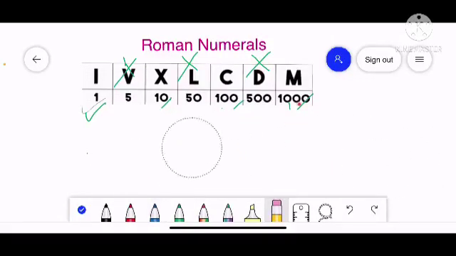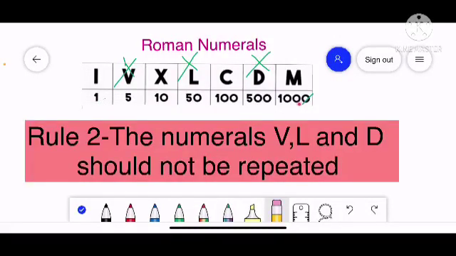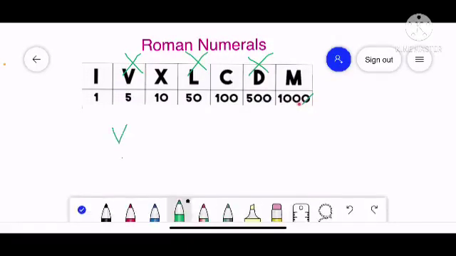Now, rule number 2: the numerals V, L and D should not be repeated while writing Roman numerals. I have already told you that we are not going to repeat V, L and D. Suppose I write V and V. V represents 5, and 5 plus 5 is equal to 10.